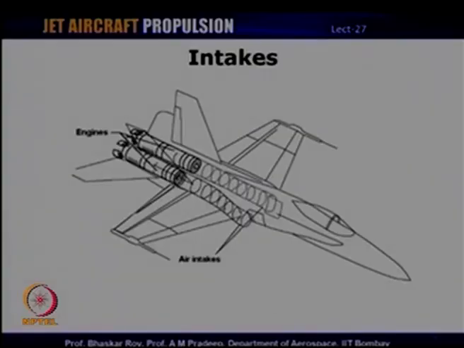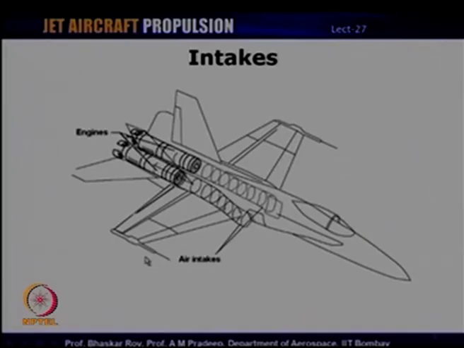So, what I have here is a typical military fighter aircraft, and in this configuration that I have shown, it is an aircraft which has two engines. So, these are the two engines that you can see, and immediately you can see that this configuration is very different from a civil or transport aircraft, where the engines are usually exposed and mounted beneath the wings.